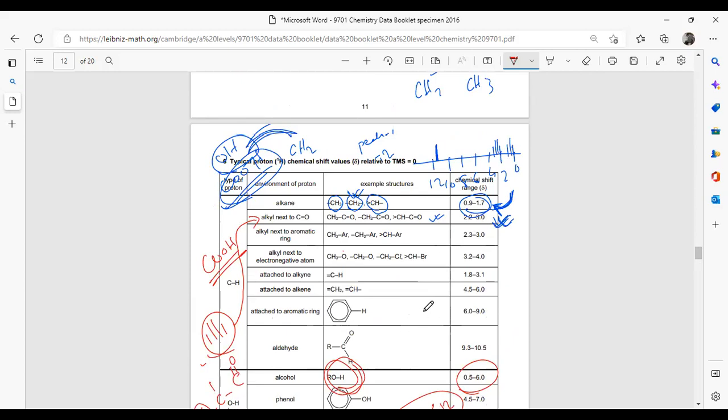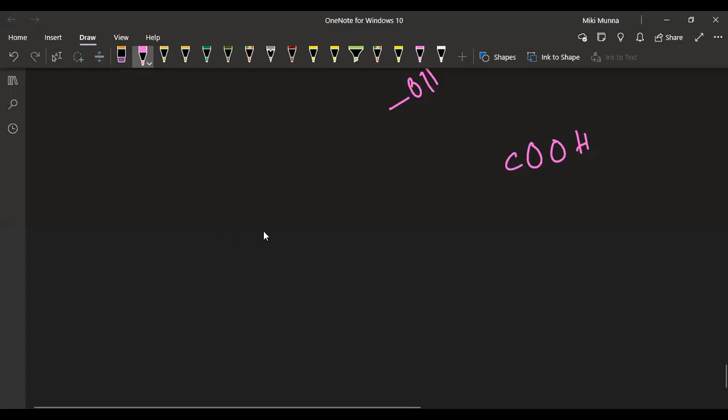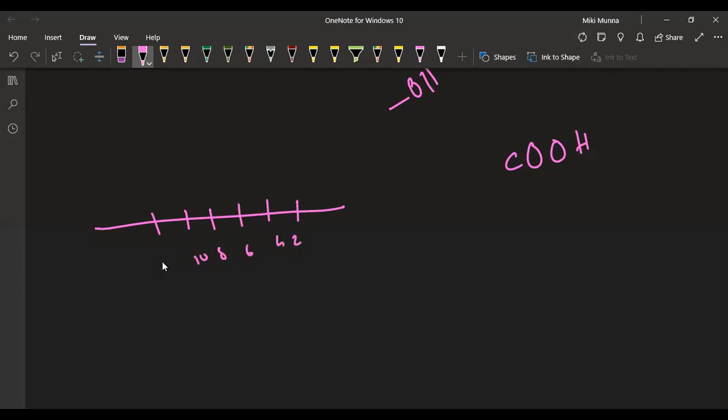So let us go back to our blackboard to see what it can be. 2, 4, 6, 8, 10, and 12, and 0 is TMS. Now we found this is 0.